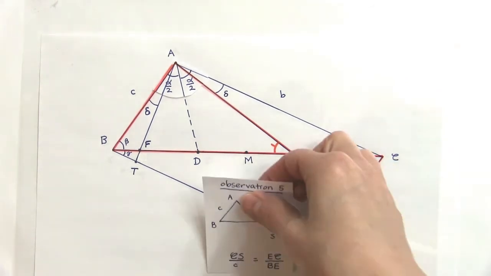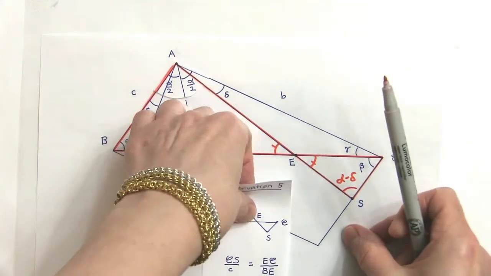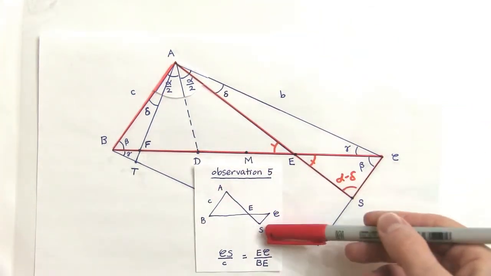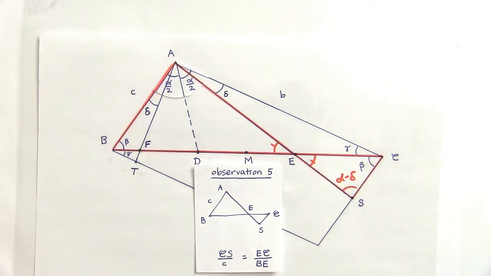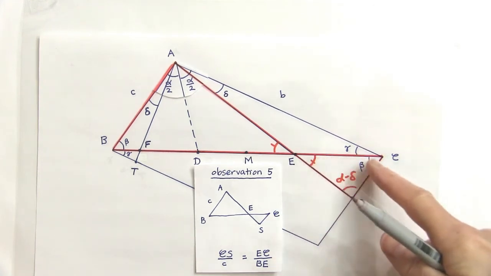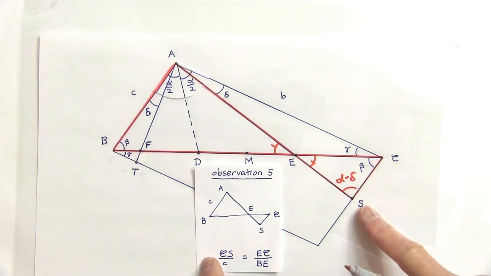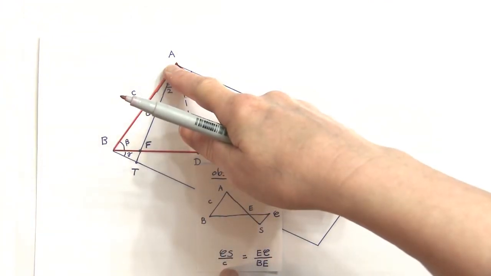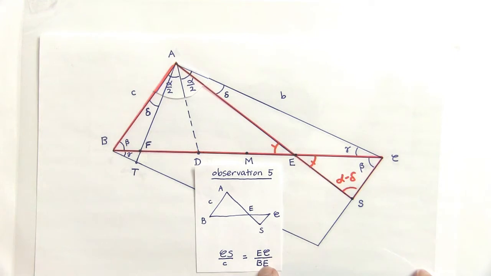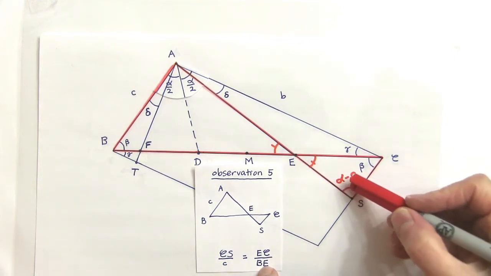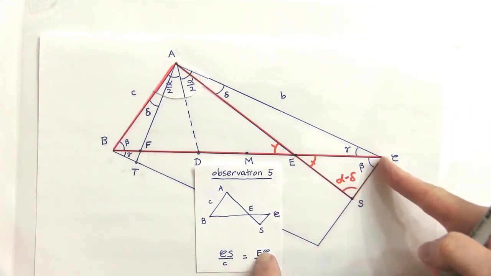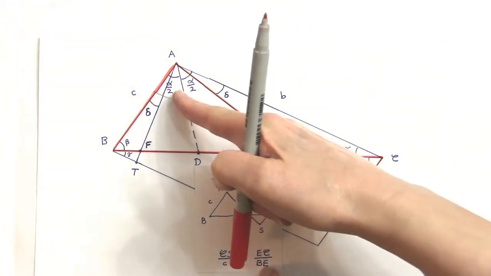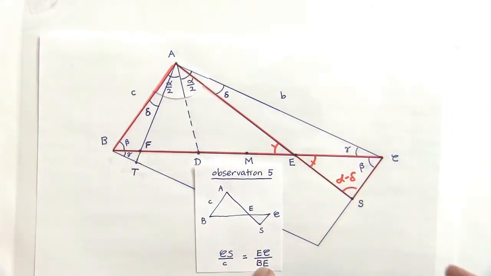And so we have, for observation number 5, from this pair of similar triangles, the side opposite this angle here in the small triangle is CS, and the side opposite the same angle in the larger triangle is this side, which is C, and this ratio is equal to the side opposite alpha minus delta in the small triangle, which is EC, over the side opposite alpha minus delta in the large triangle, which is this side, BE.